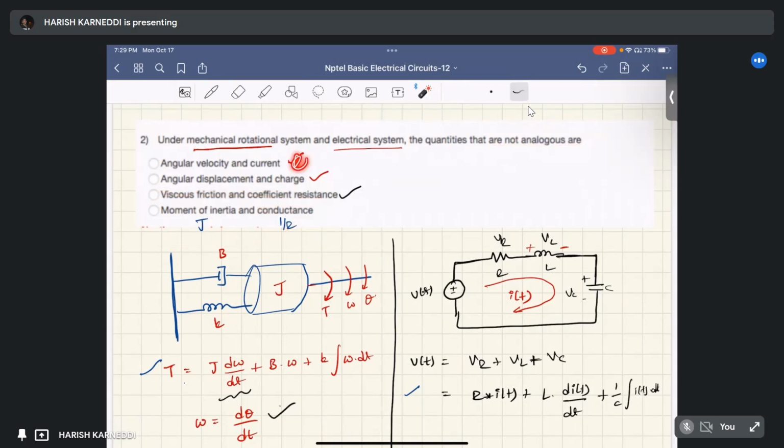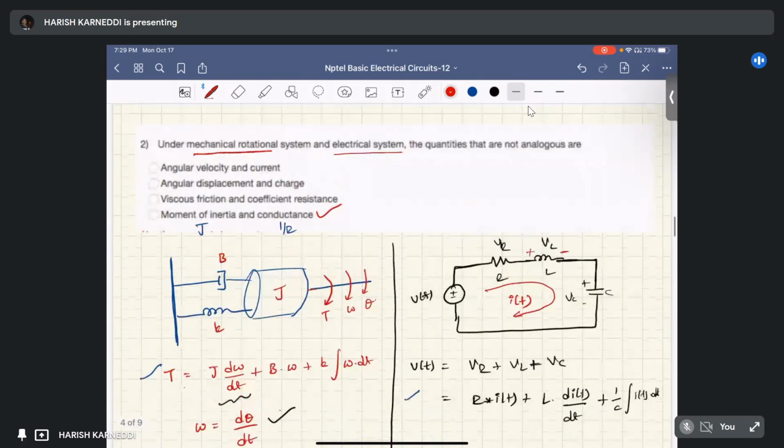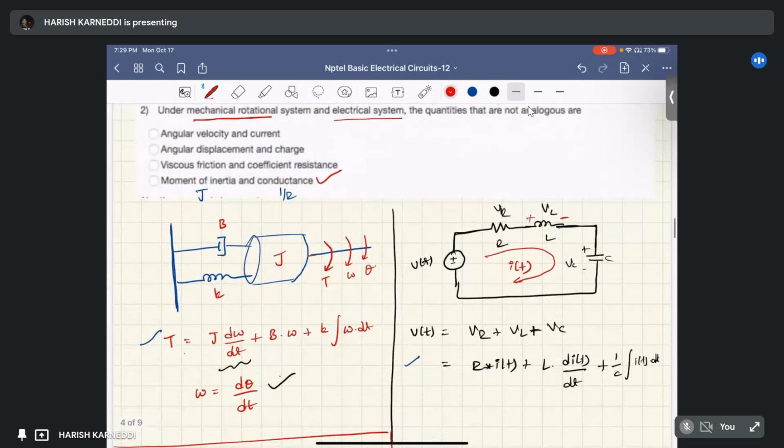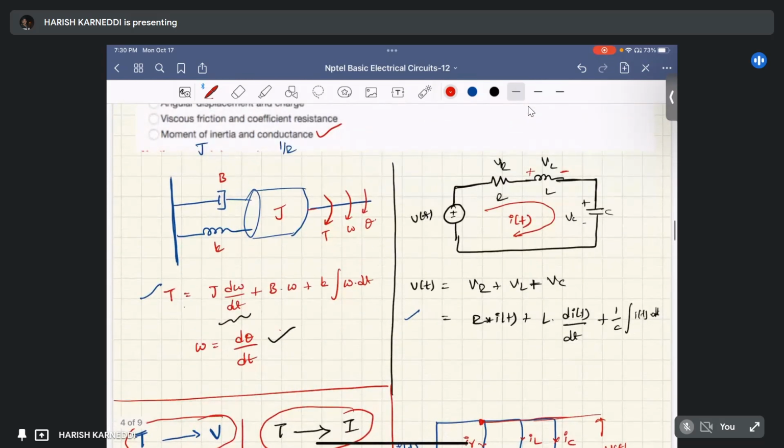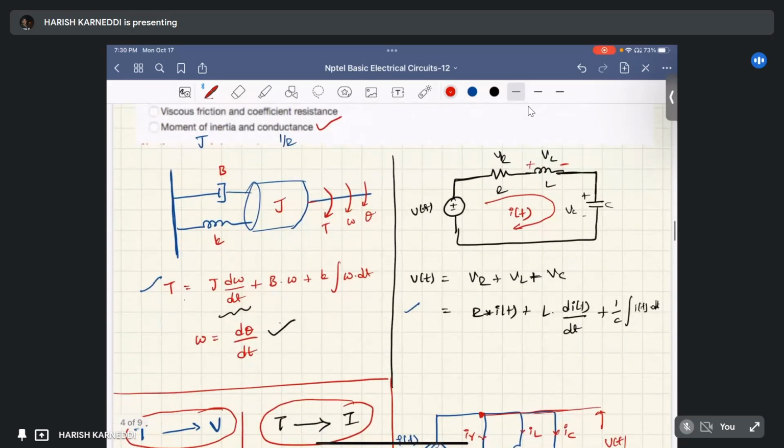Now the answer is this one: the moment of inertia and the conductance are not analogous to each other. I hope this question is clear, right? Which terms are not analogous to each other? For that, first we represented the rotational system and the corresponding equations.